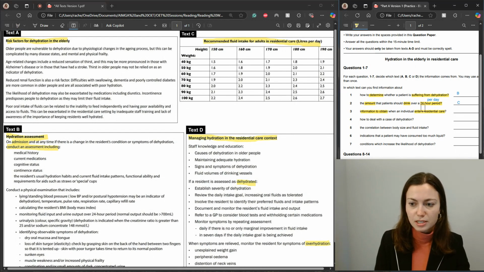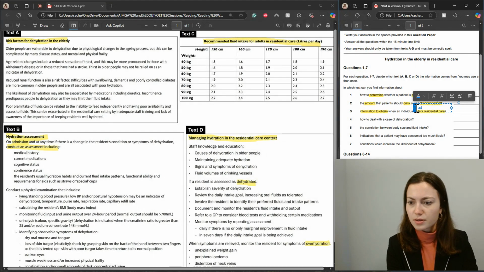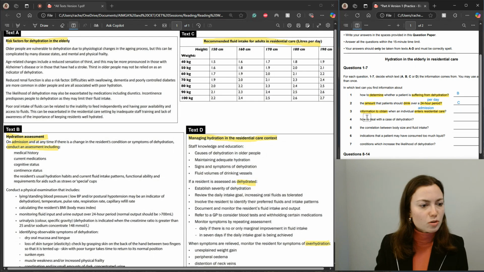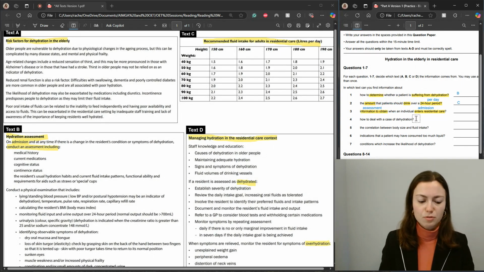So admission here we have in the text, let me type that there, admission, great. And then information to obtain, we have conduct an assessment including, so again, assessment being synonymous for information in that case that you are collecting.